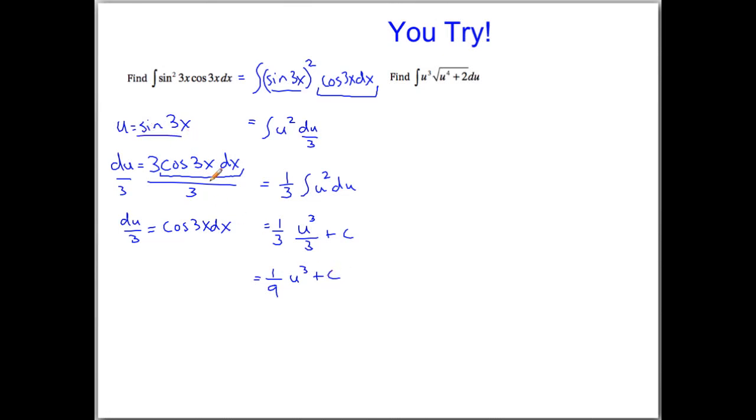And now we'll replace sine 3x back in here. So it's 1/9 sine 3x cubed plus c. And if we rewrite it using the original notation, we'll have sine cubed 3x plus c.